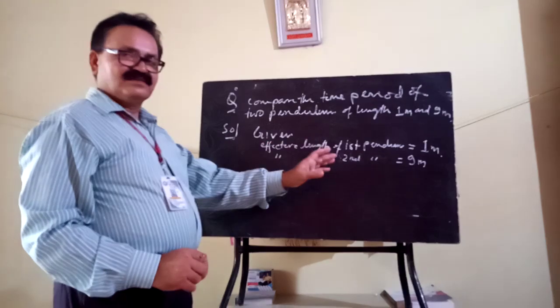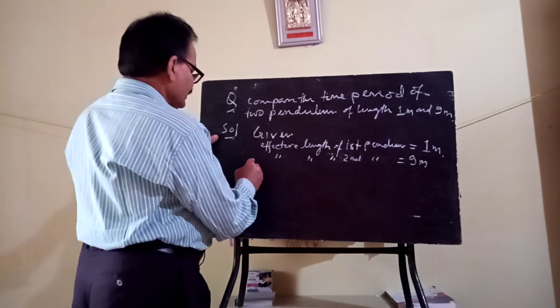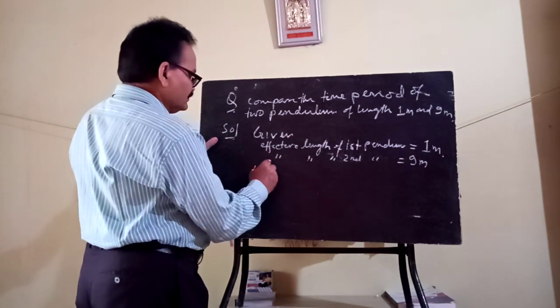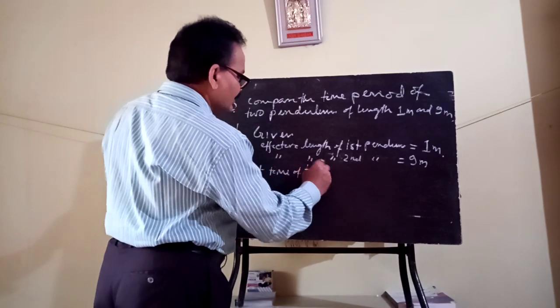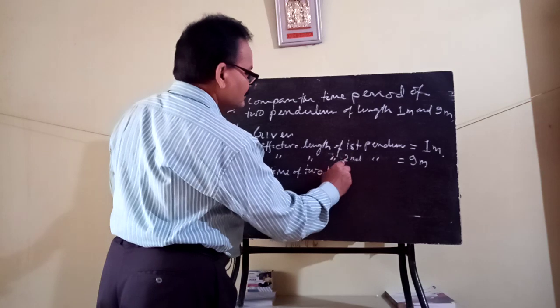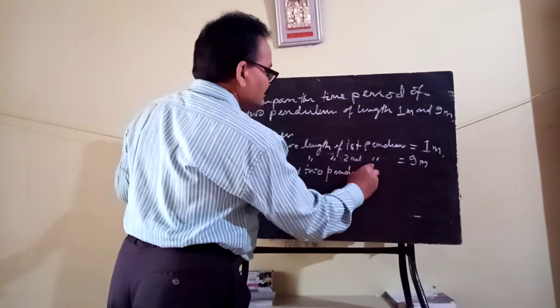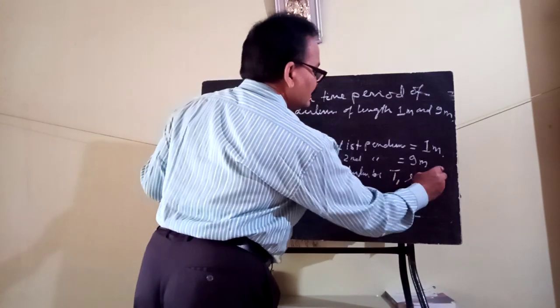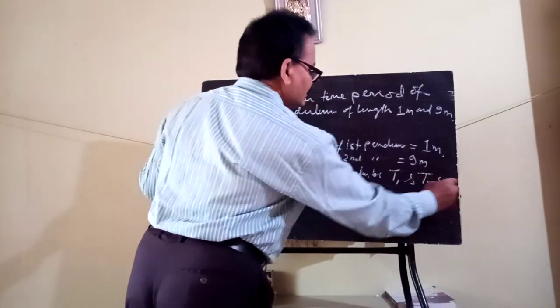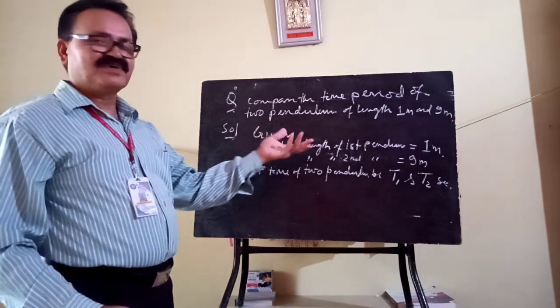Okay, then let the time periods of the two pendulums be T1 and T2 seconds. Now you apply the formula.